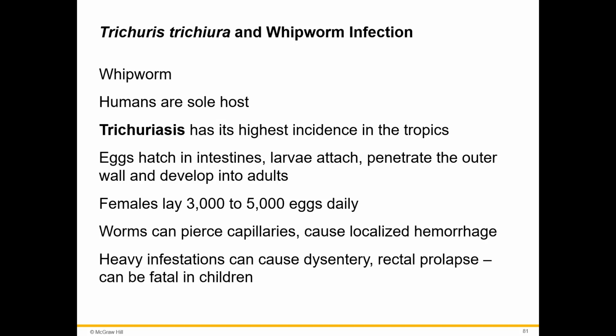Females, once again, are r-selected, meaning they reproduce really quick, but they have a lot of offspring. And so females will lay typically anywhere from 3,000 to 5,000 eggs per day. Busy bees.